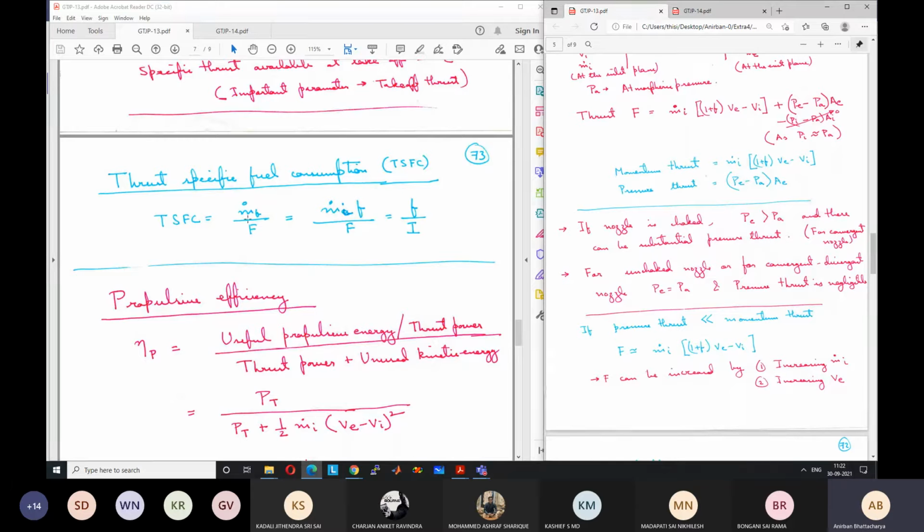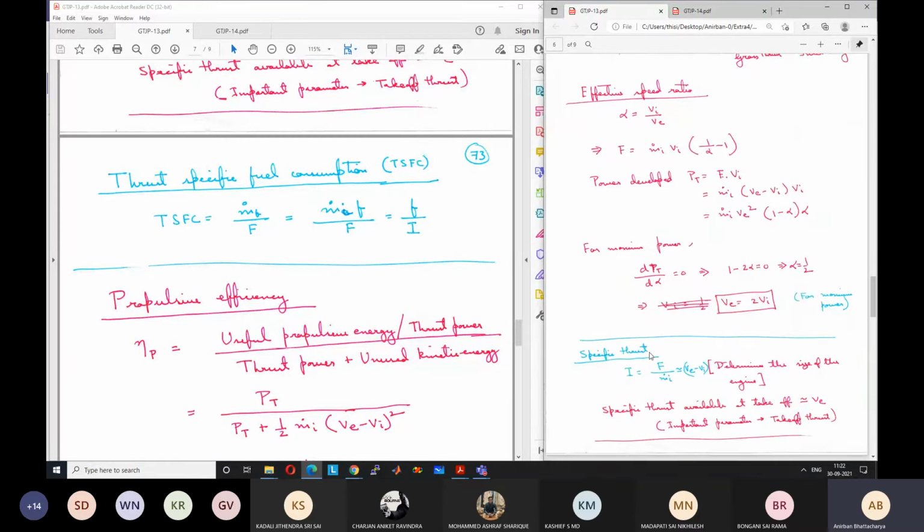Based on the other parameters that we have defined, m dot f is equal to nothing but m dot a into f, right? Mass flow rate of air into f. And m dot a by F can be written as F by m dot a is I. So ultimately this leads to small f by I. So this thrust specific fuel consumption is equal to the fuel air ratio by the specific thrust.